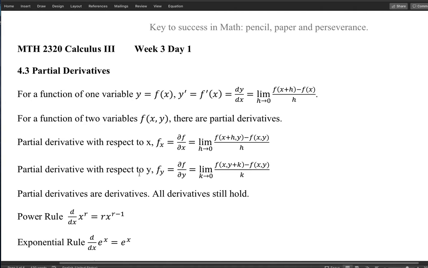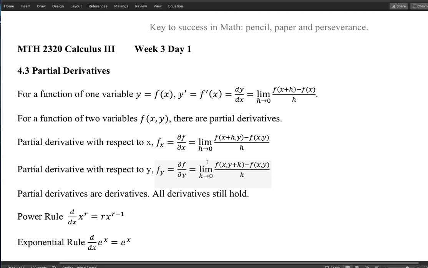It's written as f sub y or df/dy. The symbol here, I believe, is a lowercase Greek letter delta. And essentially, if you read this definition carefully, we are really considering x as a constant. That is really the essential part of partial derivatives. Okay, there are two partial derivatives.